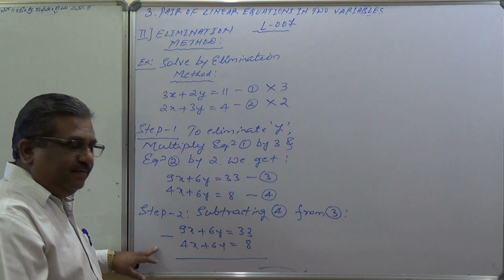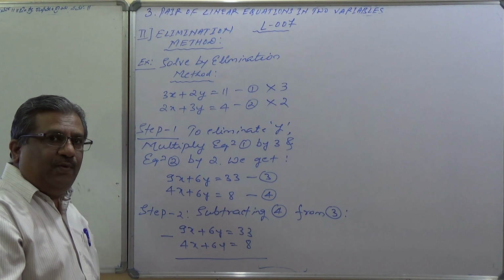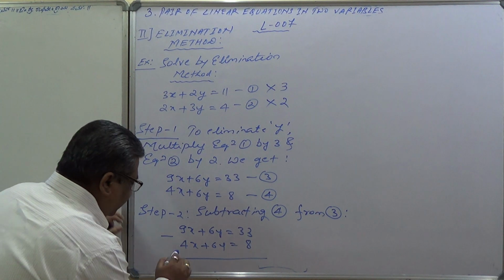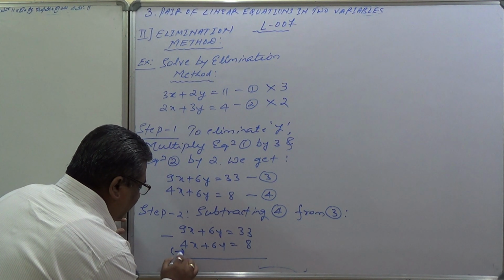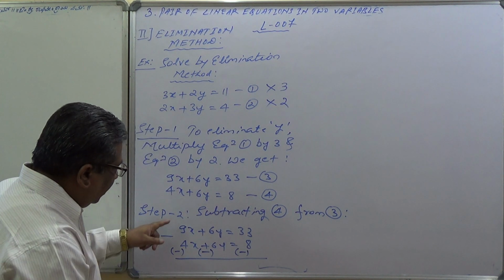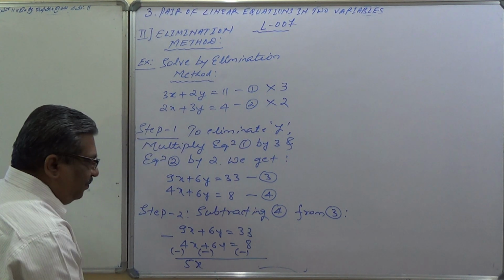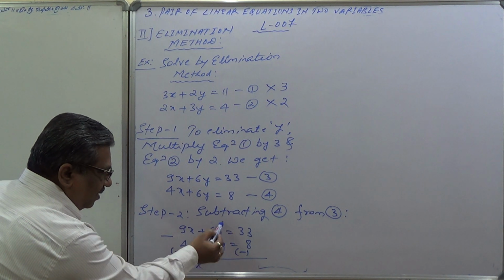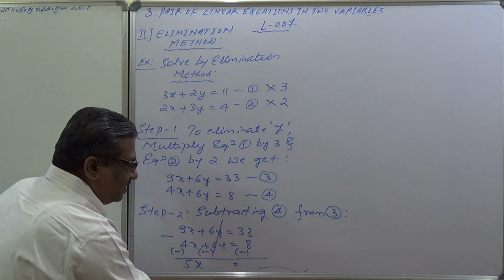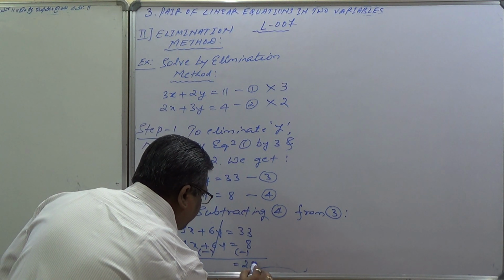Whenever there is a minus sign, the signs of the second equation get changed, which I will represent in brackets. So plus 4x is there, therefore the sign for this is minus, the sign for this is minus, the sign for this is minus. 9x minus 4x is 5x, plus 6y minus 6y is 0, equals 33 minus 8, which is 25.